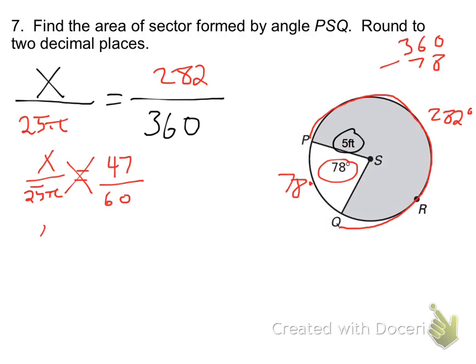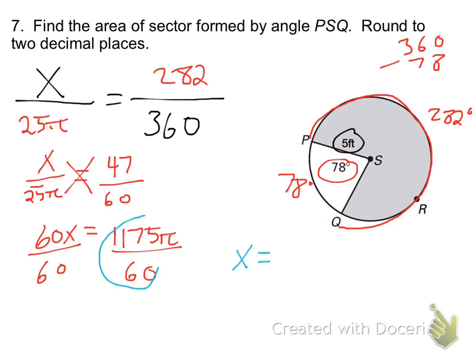From here, cross multiply. 60x equals 25 times 47. 25 times 47 is 1,175. Don't forget your pi. Divide both sides by 60 now. And what I get from here, so the area of my sector, I'm going to reduce 1,175 over 60, when I reduce that, I get 235 over 12, and again I'm reducing that using my calculator.